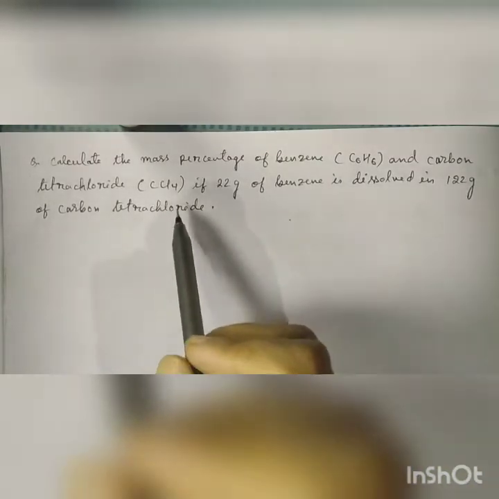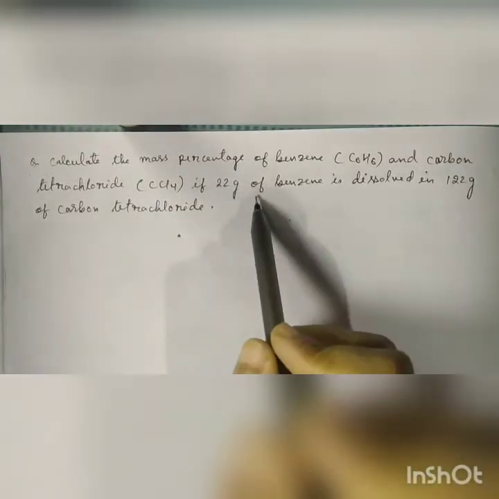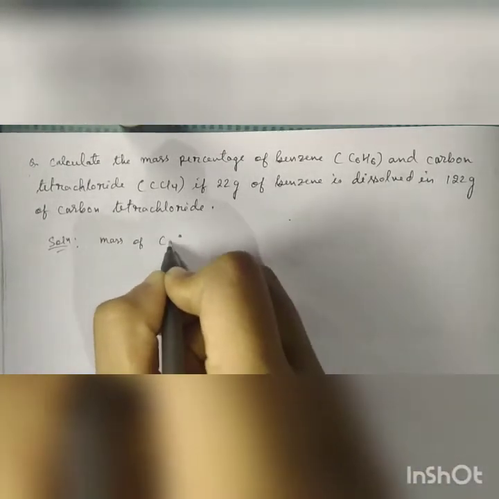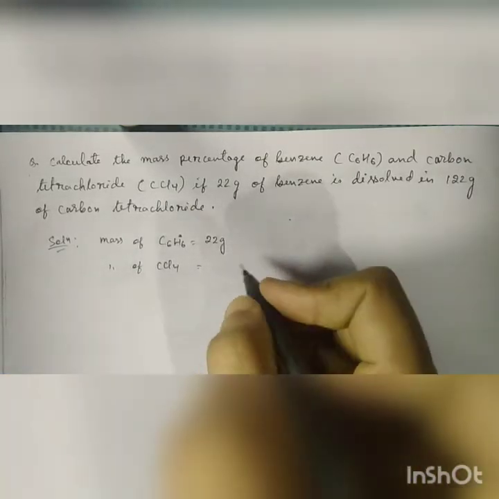So your first question is: calculate the mass percentage of benzene, C6H6, and carbon tetrachloride, CCl4, if 22 gram of benzene is dissolved in 122 gram of carbon tetrachloride. So here, given the mass of C6H6, that means benzene, is 22 gram, and the mass of CCl4, that means carbon tetrachloride, is 122 gram.